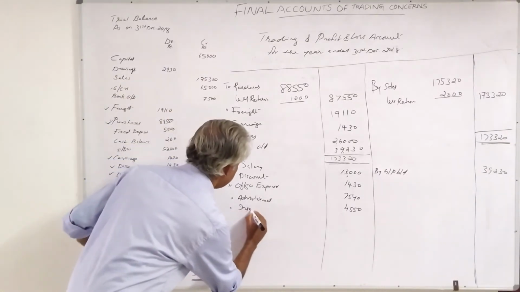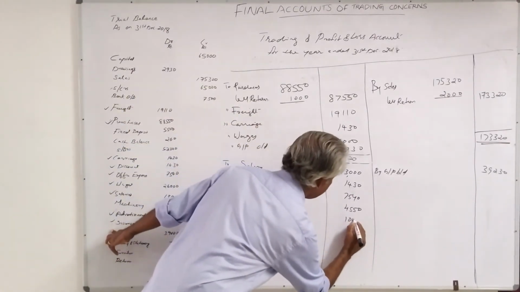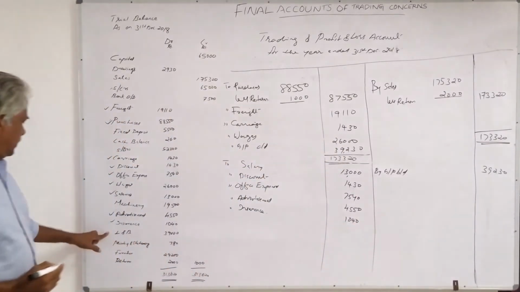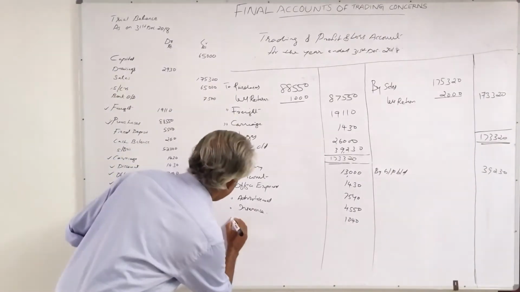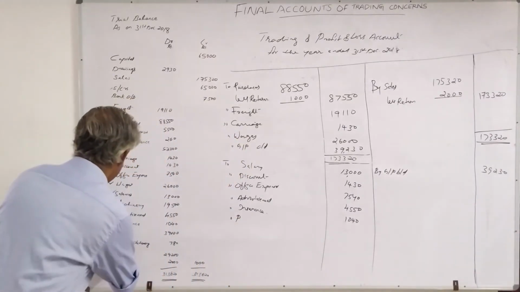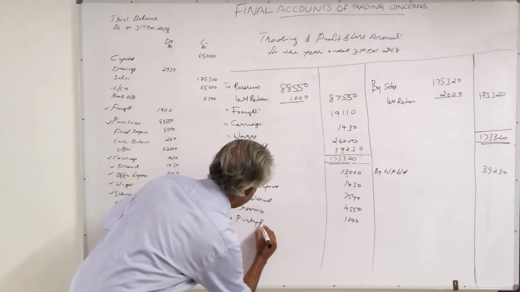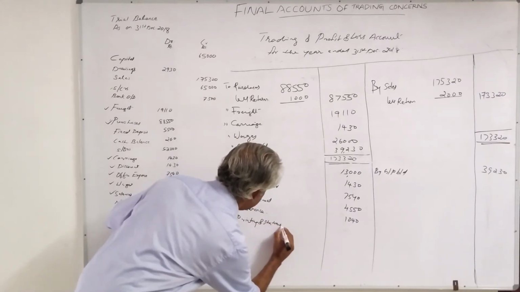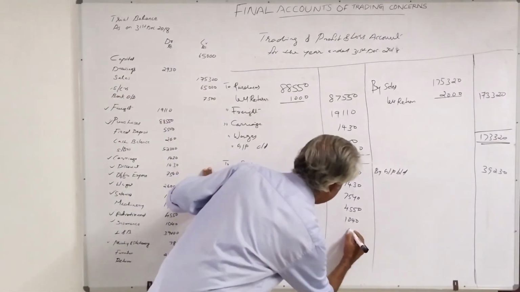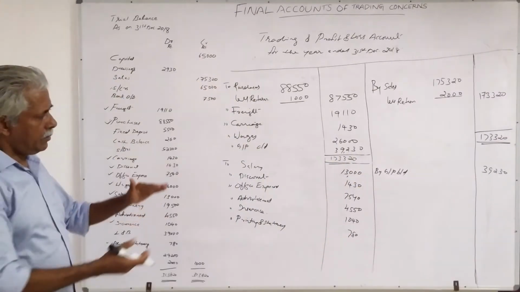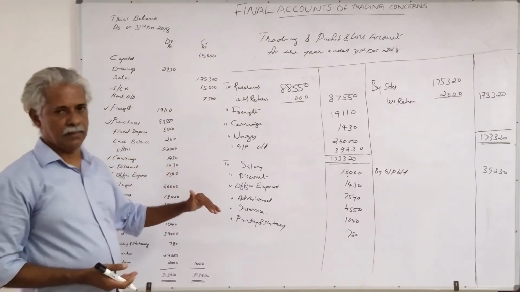To insurance, 1,040. Then printing and stationery, another item. To printing and stationery, that is rupees 780.